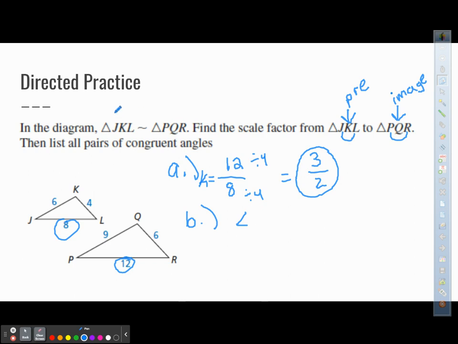So if the first one here goes with the first one here, angle P would be congruent to angle J. Adam, what's another pair? K and Q. And Owen, what's another pair? Eleanor. Alright, does everyone agree with that? Yes.